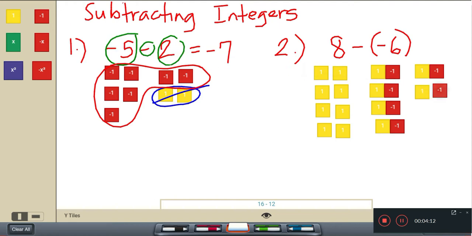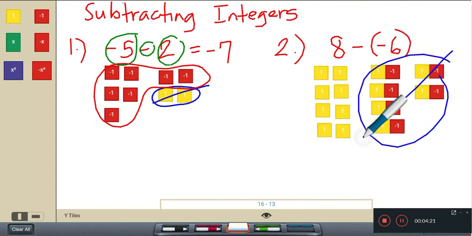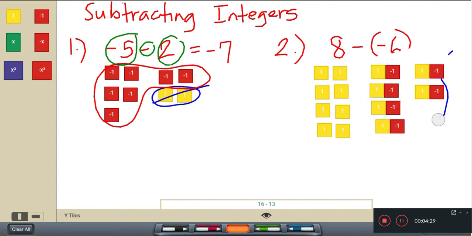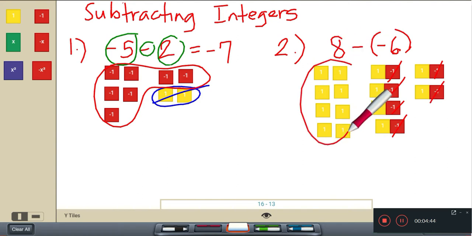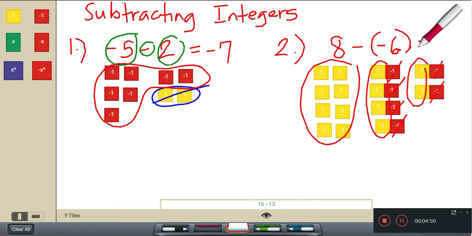Remember, this whole thing is 0. But since we need to take out negative 6, we need to add 6 zero pairs. Now, can we remove negative 6 here? Yeah, we can literally take out the negative 6. So take all of this out. How many are left? I have 8 here, and 4 positive and 2 positive. So how many is that in all? 8, 9, 10, 11, 12, 14 positive.